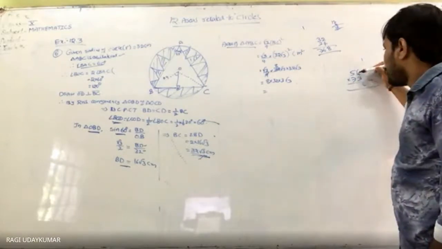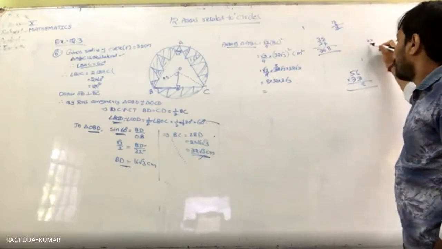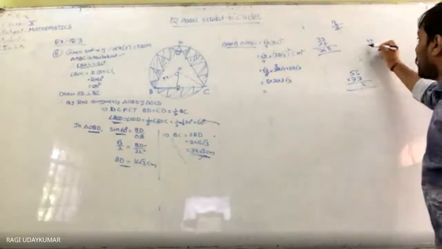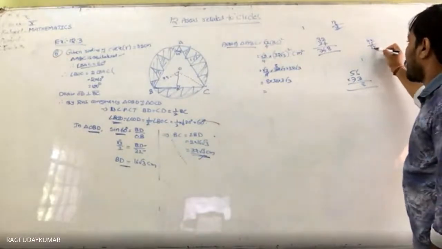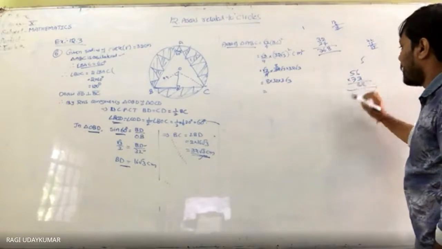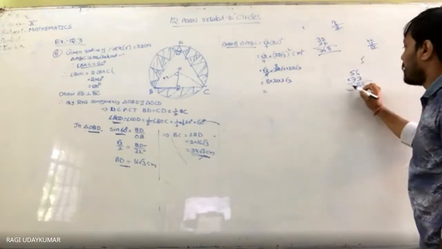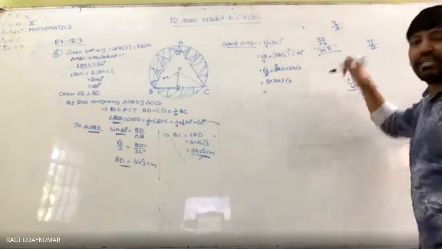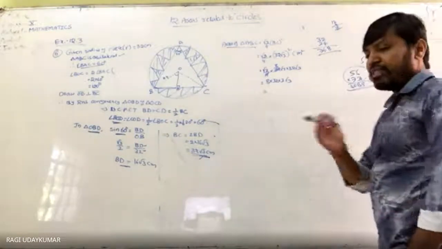And 5 3s are 15, 7 6s are 42. 42 and 15, cross. Add both, 57, and add this 1, 58. So 5 carry, 8 is written. 7 5s are 35, 35 plus 5 is 40. 4088 is the answer. So like that, any two-digit multiplication. These types of tricks you need to learn.